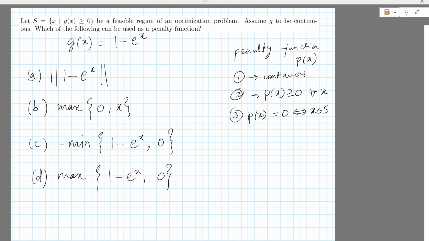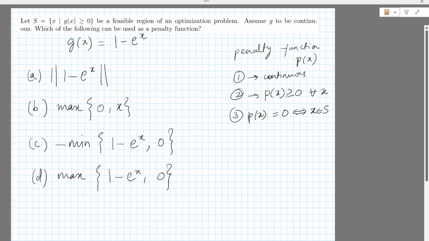Just one point, right? A penalty function is also dependent on the sense of the function, if it is a minimum or maximum? No, it is just to define the feasible region. Whenever the point is in the feasible region, the penalty function is equal to 0, and elsewhere it should be positive.